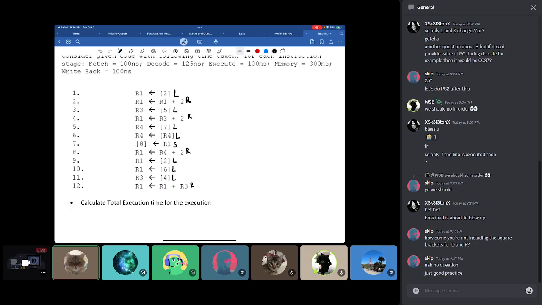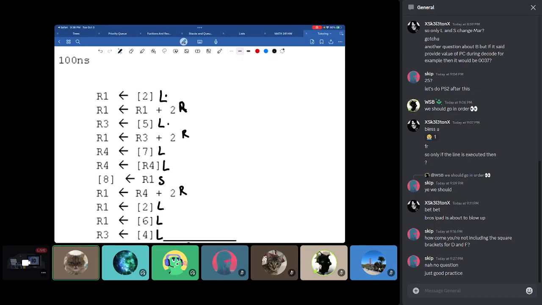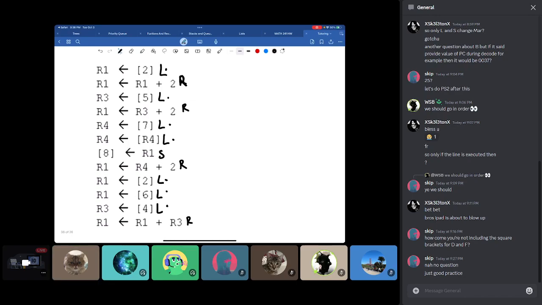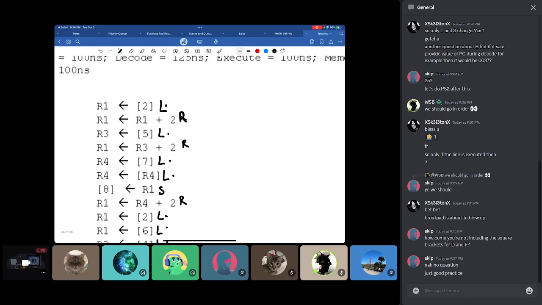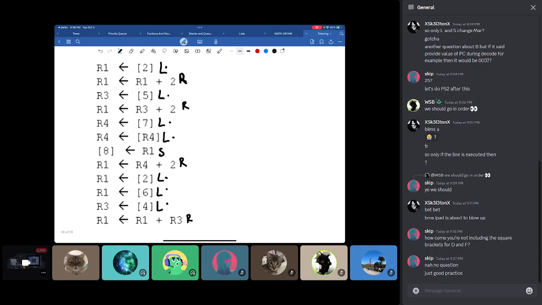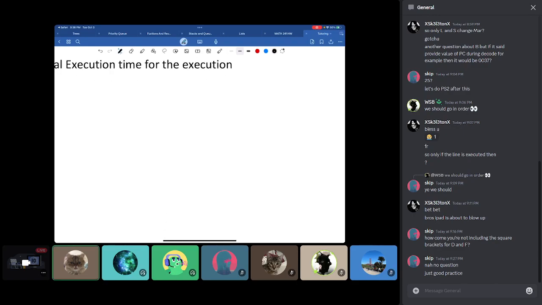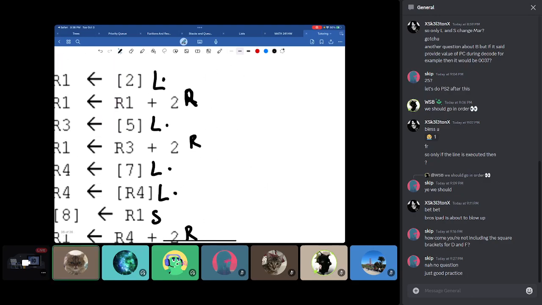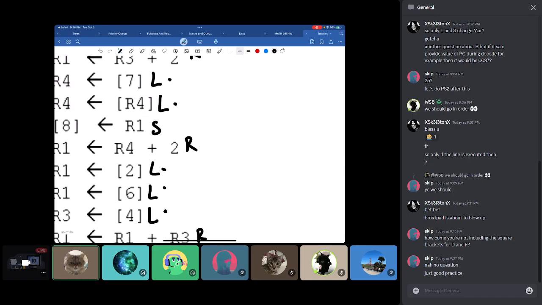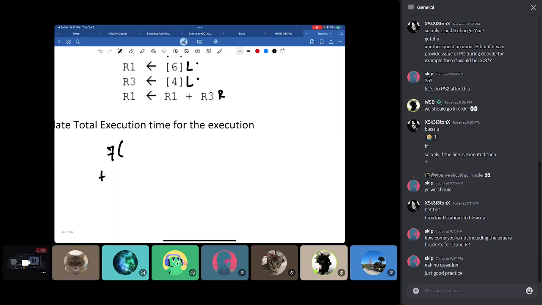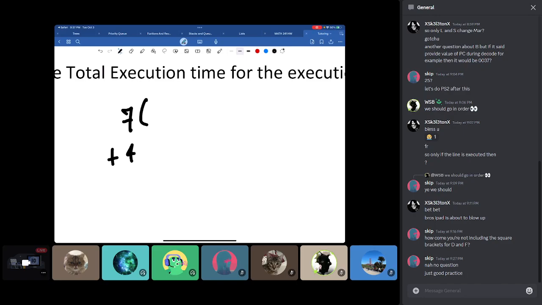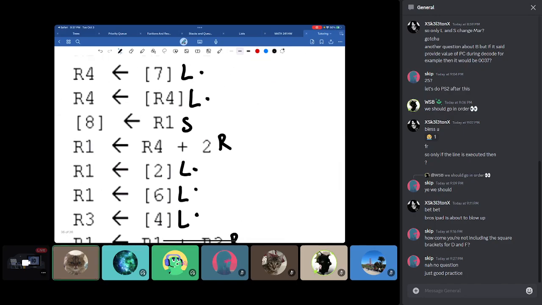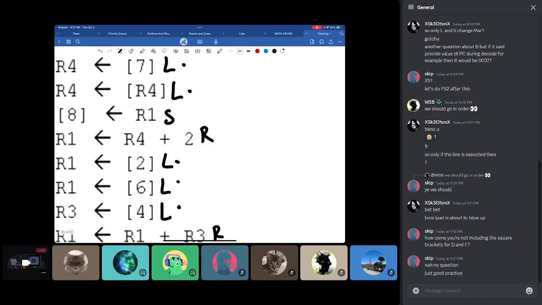So in total we have 1, 2, 3, 4, 5, 6, 7 loads. Then we have 1, 2, 3, 4 R types. And for S type, just 1.